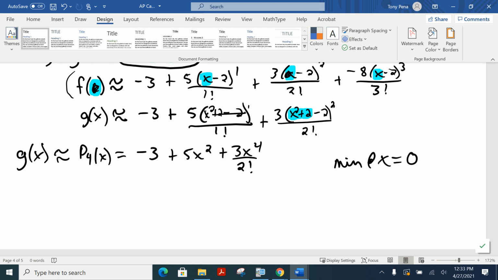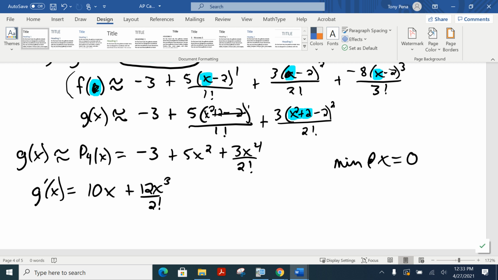All right. So the way we're going to do this is, let's say I took g primed of 0. The negative 3 is going to go away. I'm going to get a 10x, and then I'm going to get a 12x cubed over 2 factorial. If you want to simplify it, feel free. It's not necessary.